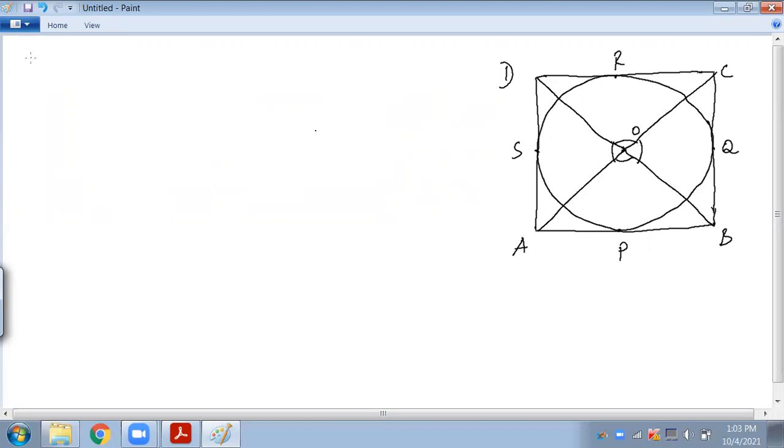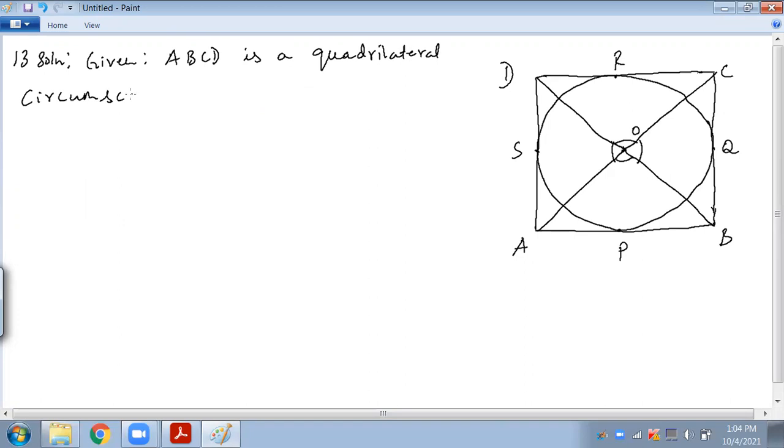Okay, so let's write the given. Given: ABCD is a quadrilateral circumscribing a circle with center O. Here we have the center, so we'll mention the center.